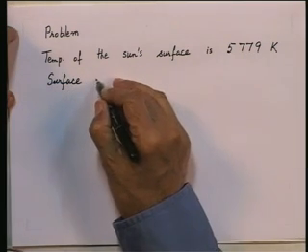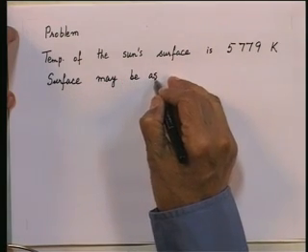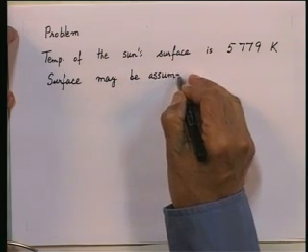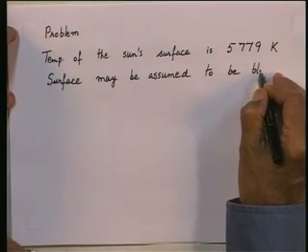The sun's surface may be assumed to be black.